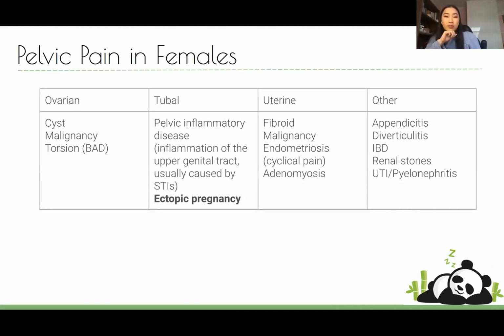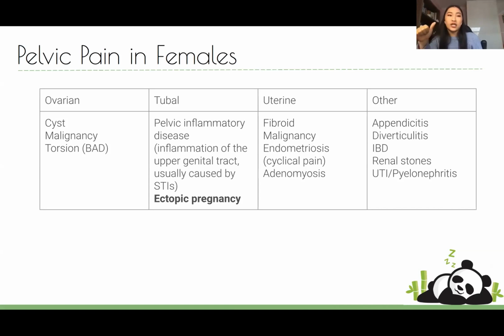Tubal stuff, so fallopian tubes, the main one is ectopic pregnancy, which we'll talk about. But you can also think about pelvic inflammatory disease, which is basically a complication of STI. So the inflammation proceeds up the genital tract. Uterine stuff, it's the same as the causes of bleeding. And then anytime someone presents with pelvic pain, you have to think about everything in the region.